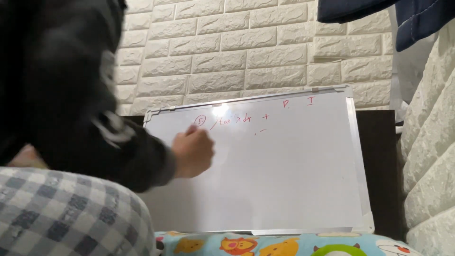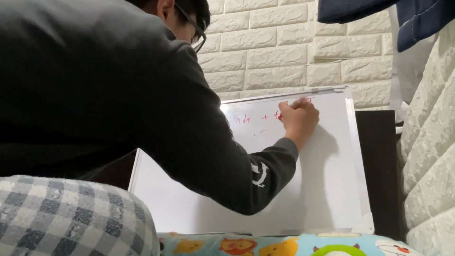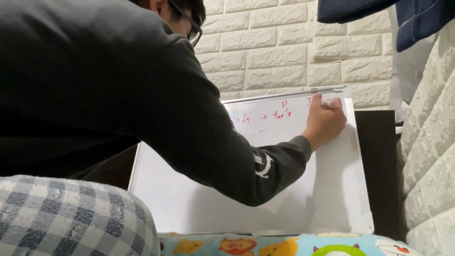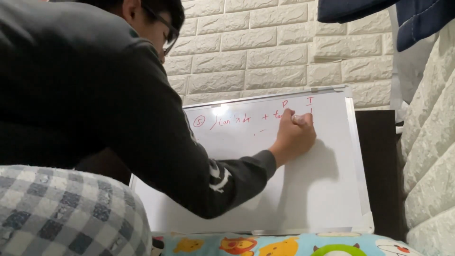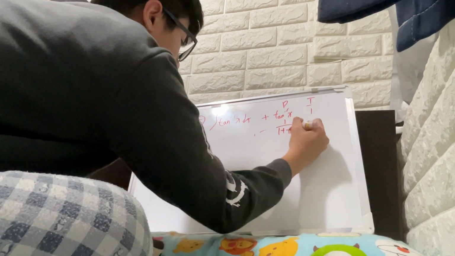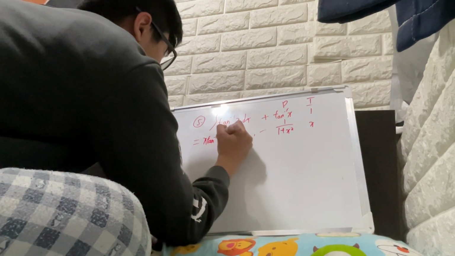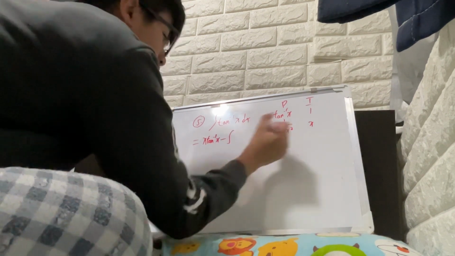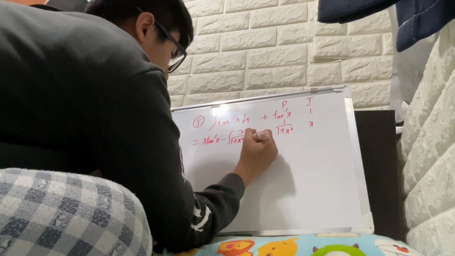So here we're going to differentiate inverse tangent x. Integrating 1 you get x, and differentiating inverse tangent x you get 1 over 1 plus x squared. So it becomes x times inverse tangent x minus the integral of x over 1 plus x squared dx.